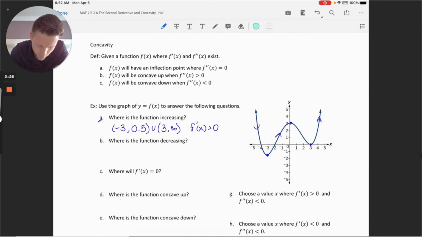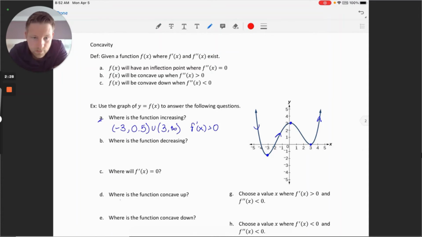Let's take a look at where our function is decreasing. We start our function in a decreasing fashion. We notice from negative infinity all the way to this first local minimum value at -3. And we can also see that we'll decrease on another interval here between those local maximums and local minimums.